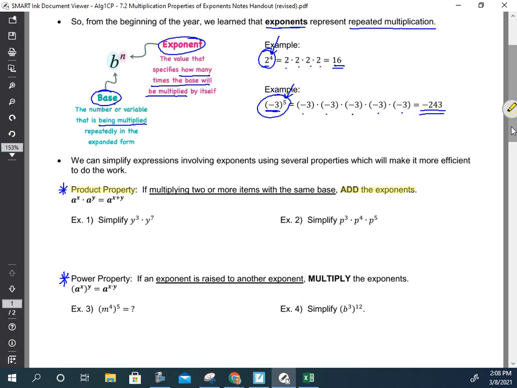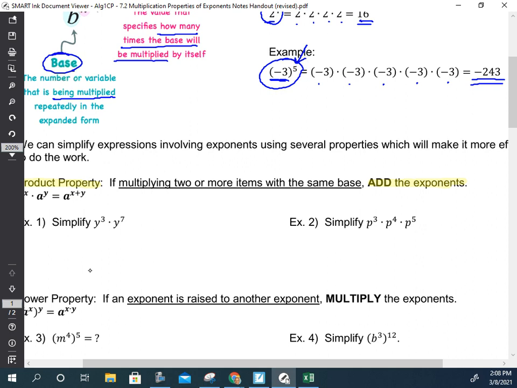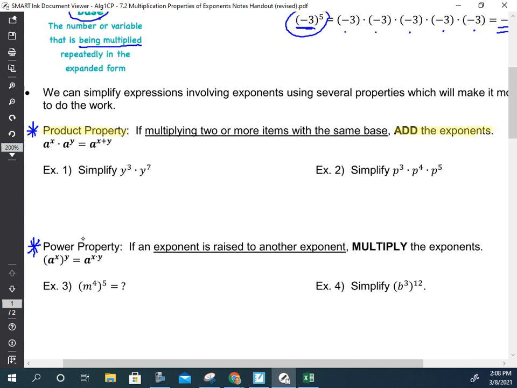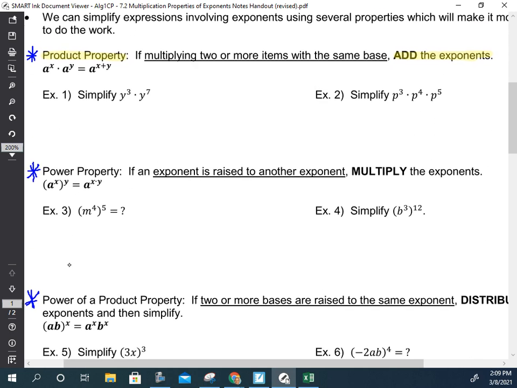So let's look at examples 1 and 2. Make this a little bit bigger. Let's scroll on up.